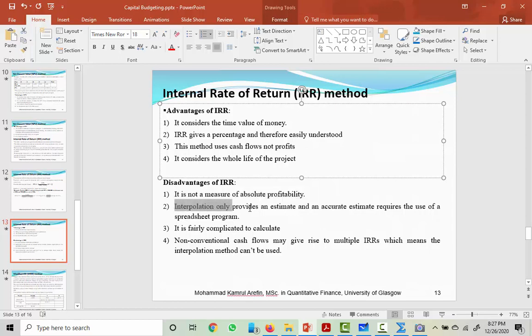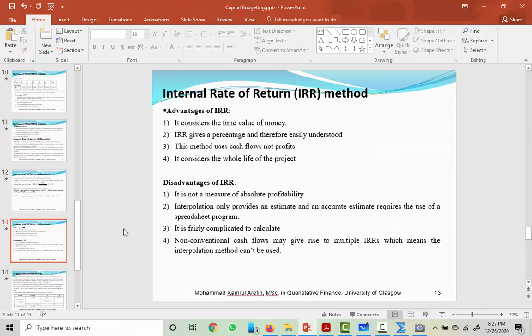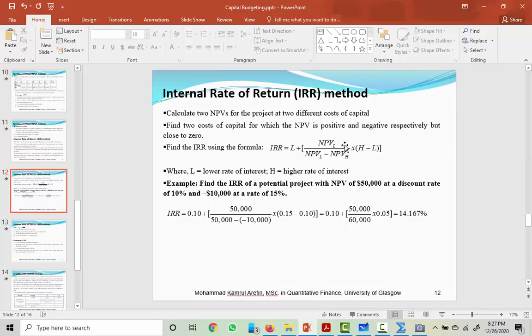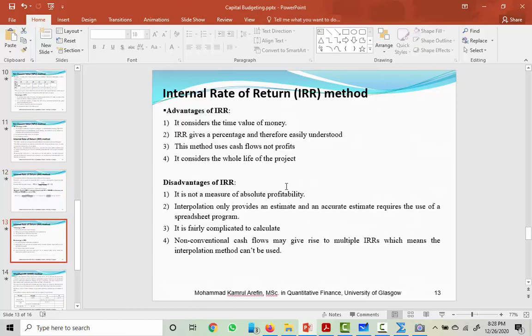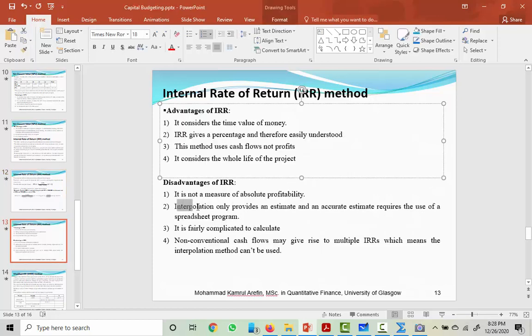So interpolation only provides an estimate. The formula that we have used before to calculate IRR is an interpolation formula. So if you calculate IRR using that formula, you can get only an estimate of IRR.